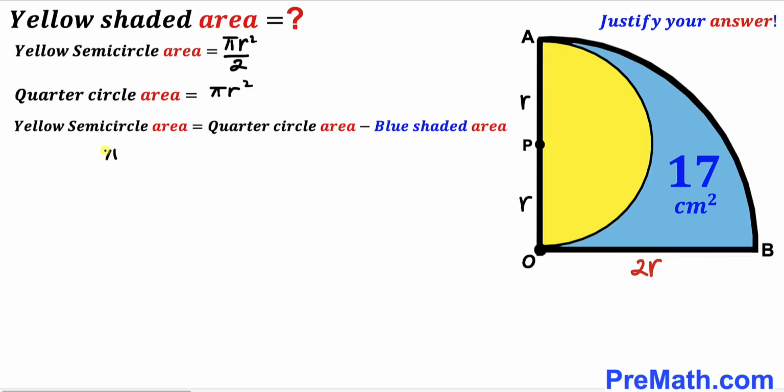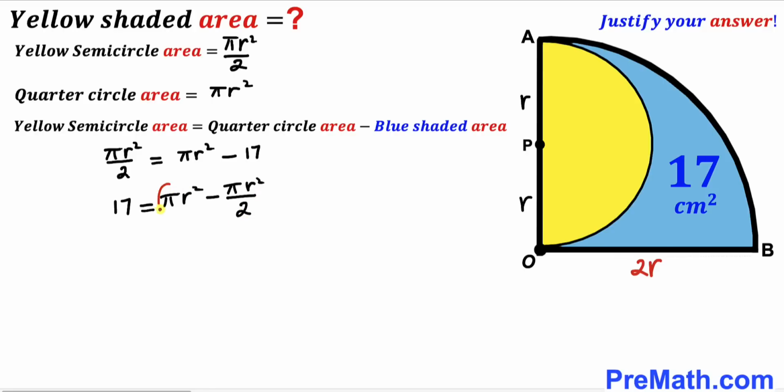On the left hand side we have pi r squared divided by 2 equals pi r squared minus 17. Now I am going to move the left hand side pi r squared divided by 2 to the other side, and at the same time move this negative 17 in the opposite direction. So this becomes positive 17 on the other side, equals pi r squared minus pi r squared divided by 2.